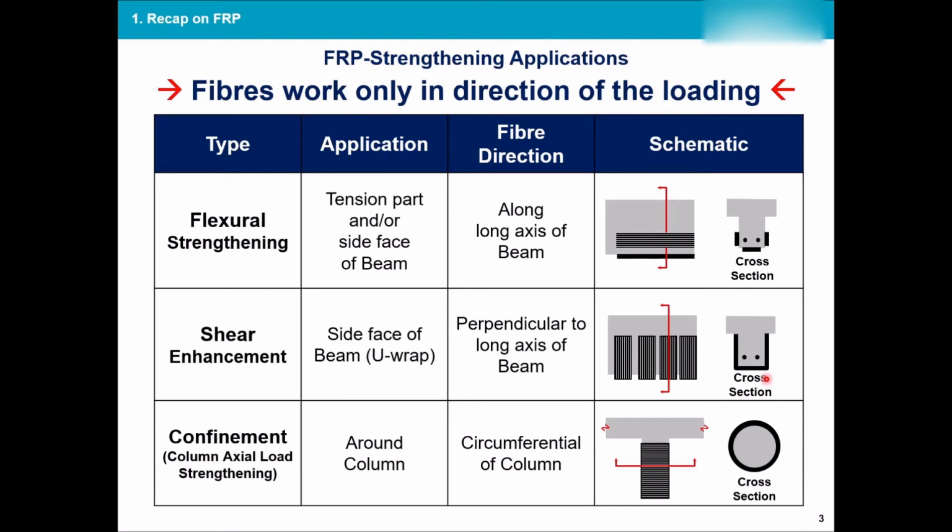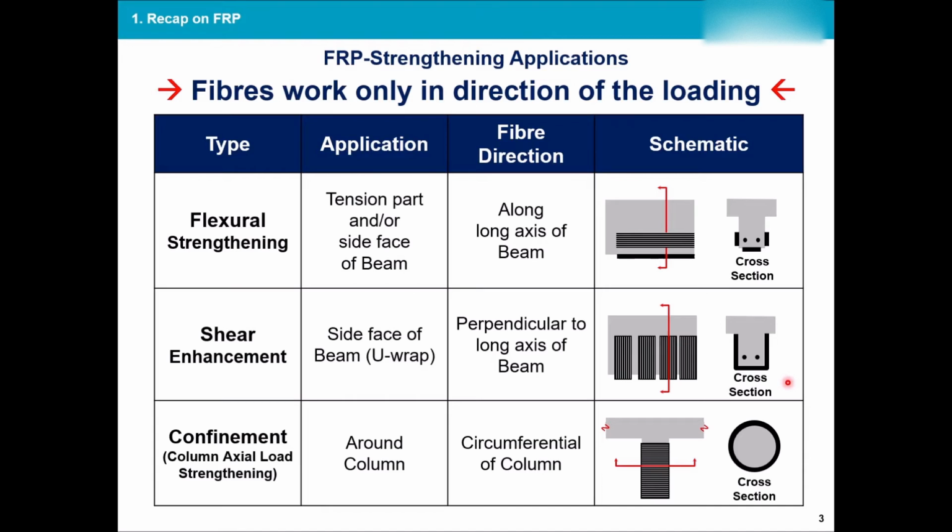Now, one thing that we learned in the previous part 1 was that the direction of the FRPs and the fibers of the FRP sheets are very important, and they play a major role in resisting different loads.